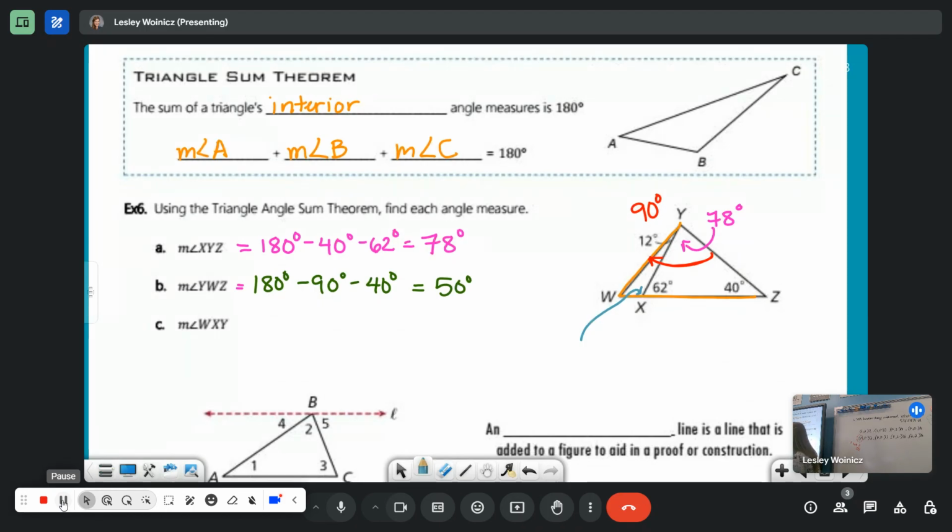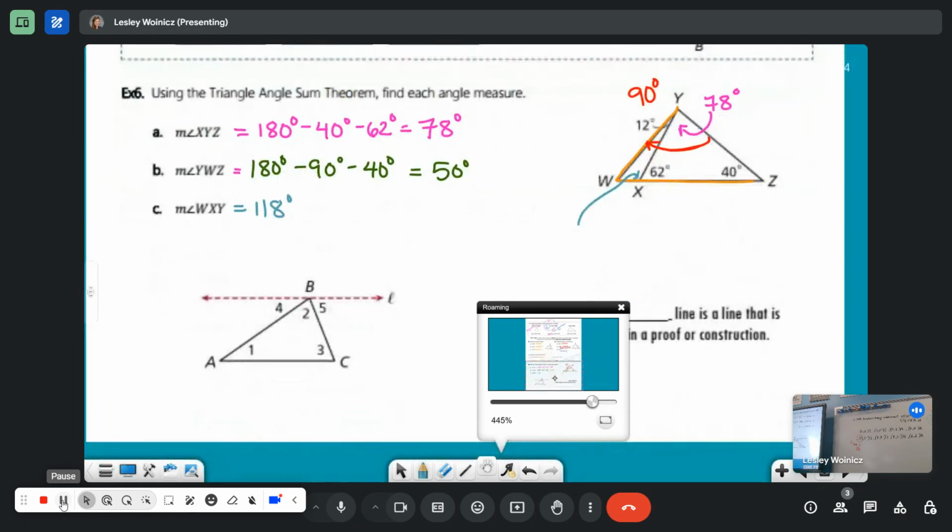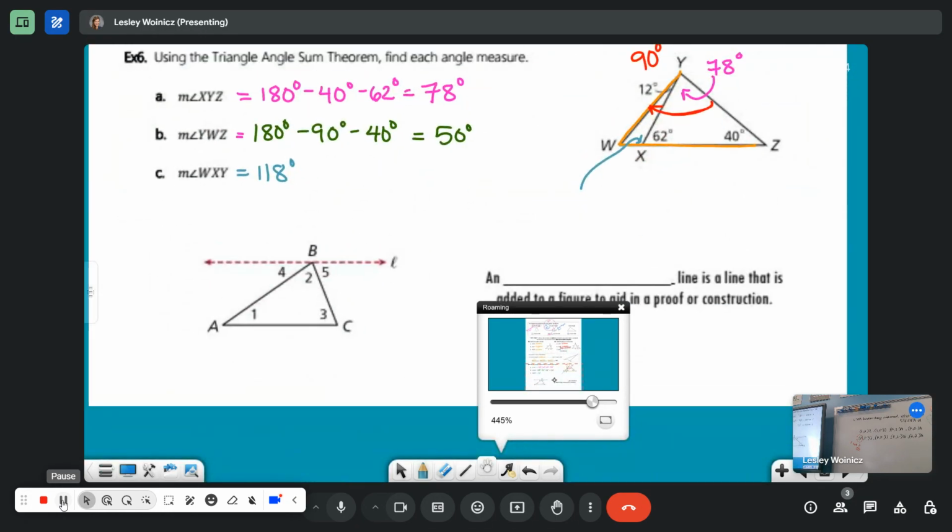Will you say it one more time? Yeah, 118. So you can take your 50 and your 12 and subtract them from 180 and get 118. Or you can say, look, it's in a linear pair with 62 degrees, right? Either way, it's 118. Sometimes there's more than one way to find an angle.